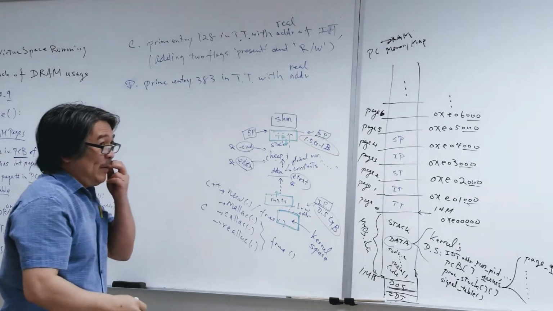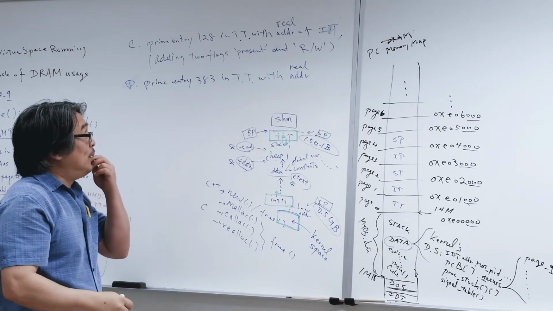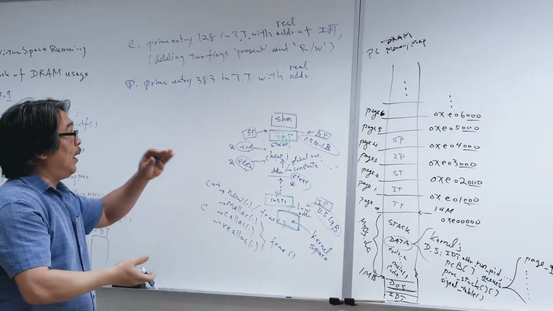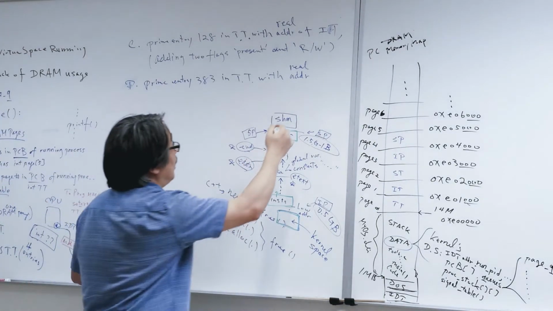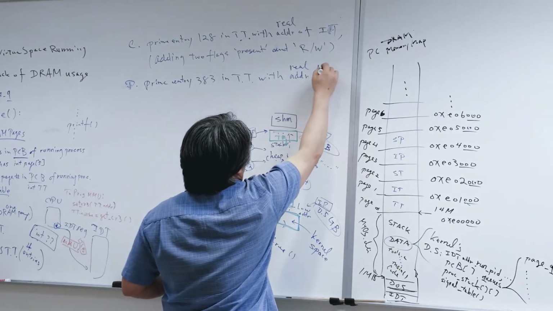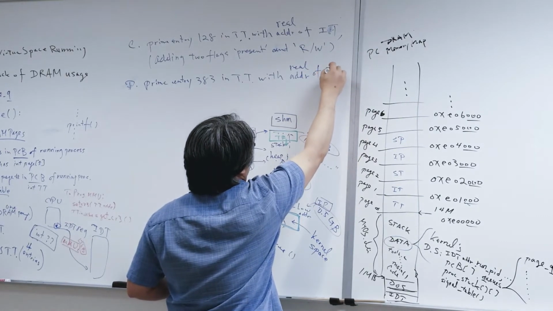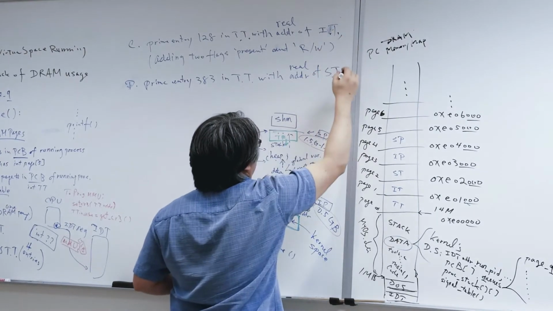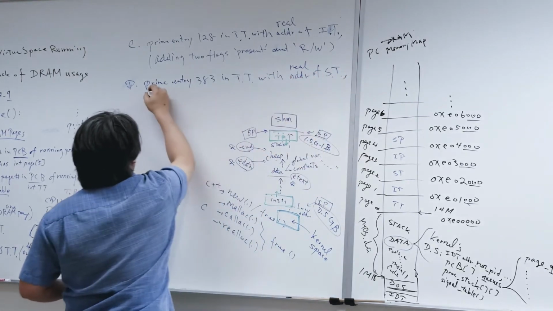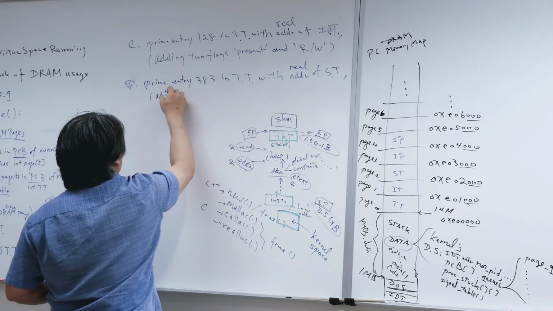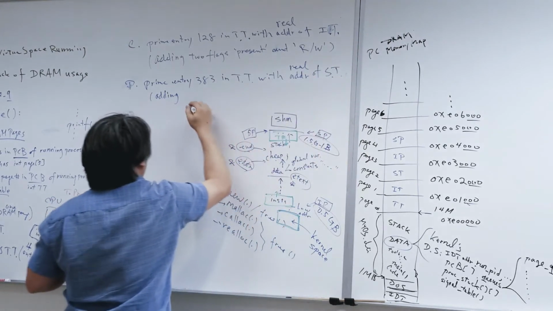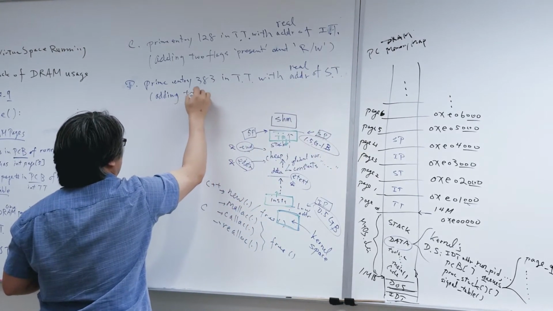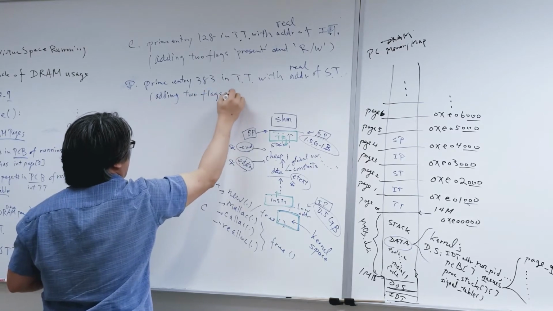Address is a very ambiguous term, sometimes we use it too much. So that's the 4K byte DRAM page, the first byte location, byte number. The real address of the subtable, and then we should remember to add the 2 flags.